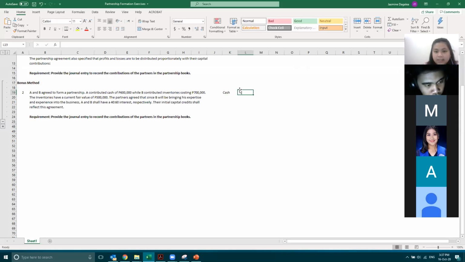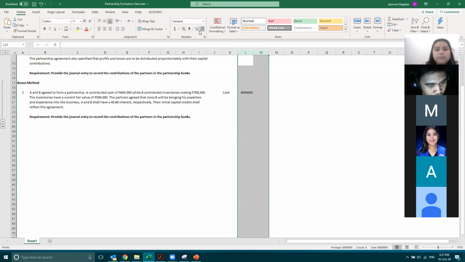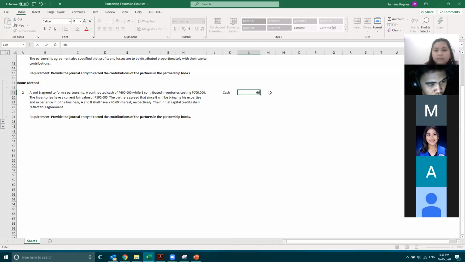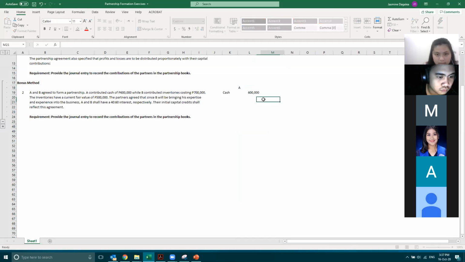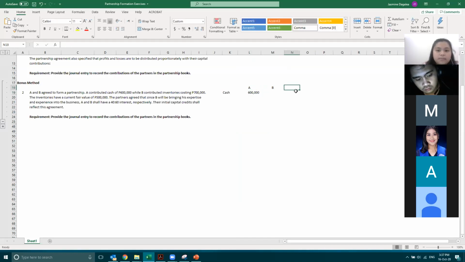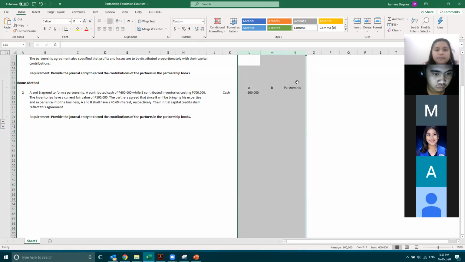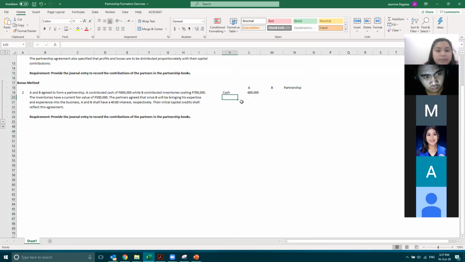May cash na 600,000 si A. Tapos, sinabi si B naman nag-contribute ng inventories.